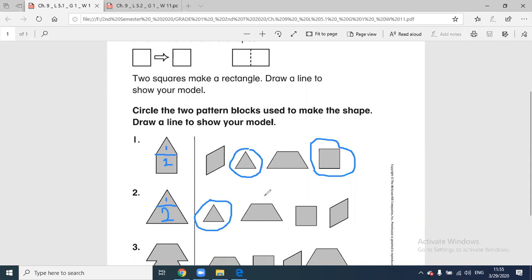Yes, trapezoid, as we see. Again, number one, draw a line to divide it into two shapes, triangle and square. Number two, I have a triangle. I can divide it into two shapes by drawing a line inside it. Shape number one is triangle, shape number two is trapezoid, as you see.